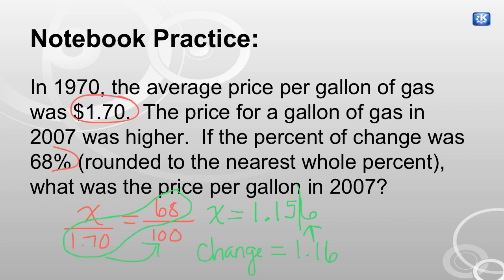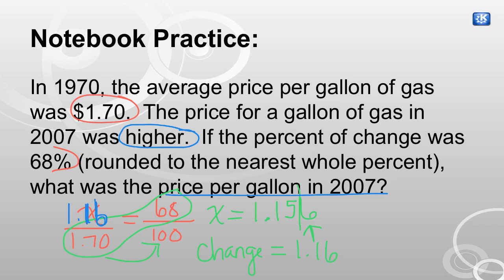That does not answer my question. My question was, what was the price per gallon in 2007? And gas did not cost $1.16 in 2007. It had increased from $1.70. So I'm going to replace this x with my $1.16. So I'm just overwriting that.